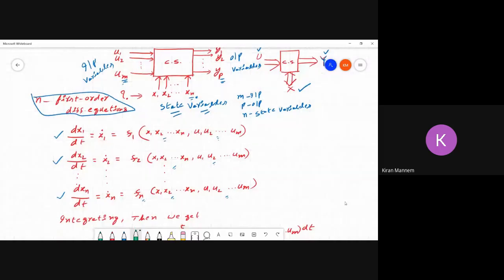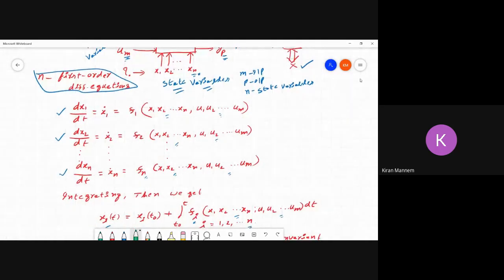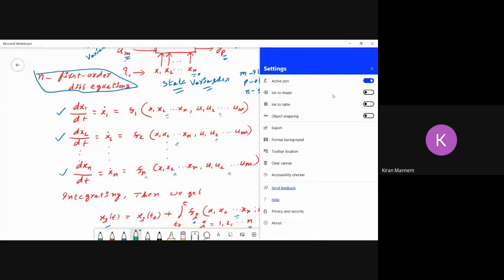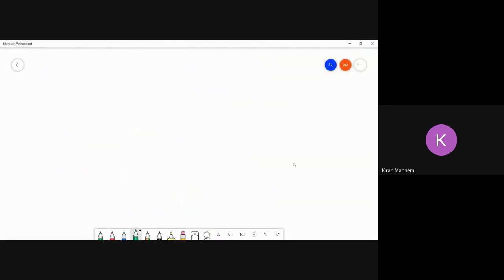So let us clear this. Let's again write the phase variable notation.